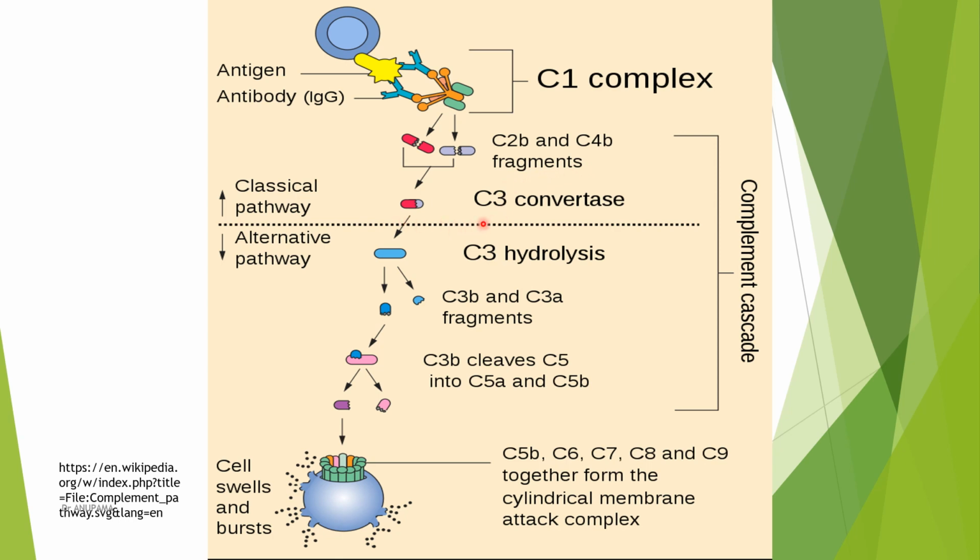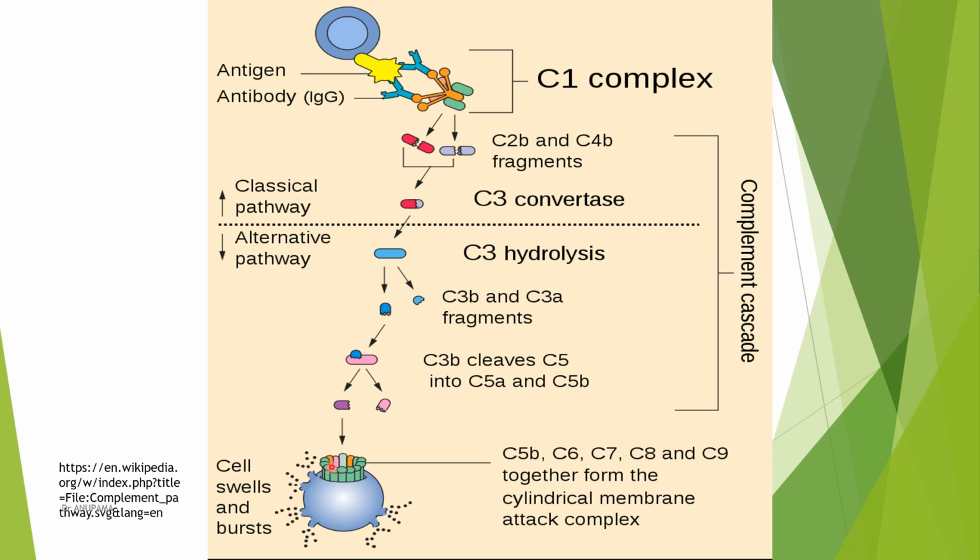Now the C3, once hydrolyzed, we get C3A and C3B. This C3B goes and binds to C5, and you get C5b, which is formed. This C5b drifts away and binds to the membrane. Now this induces the binding of C6, C7 and C8, followed by polymerization of C9, resulting in the formation of this membrane attack complex.